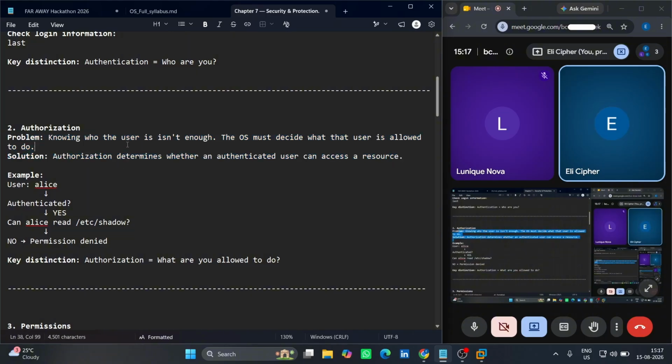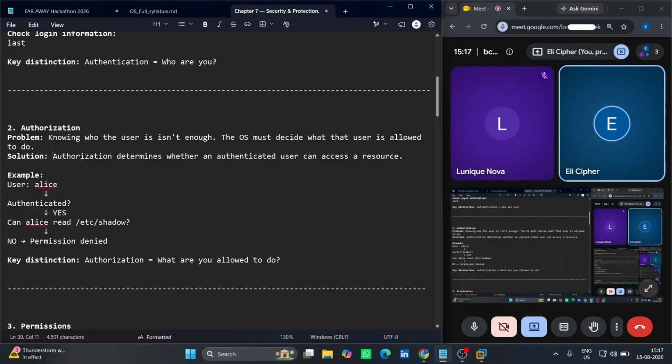If the operating system cannot decide what the particular user can do, or what it shouldn't or can't do, then we can take login from one user and access the things of another user, which is again a major security flaw.